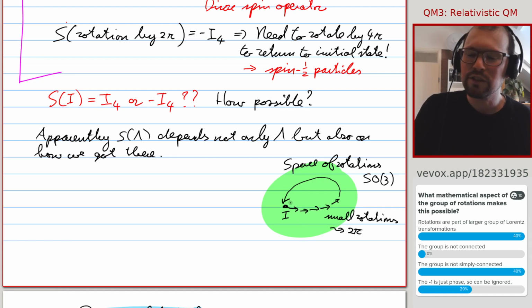Okay. But now we're saying that spinors, if you do this, they do not return to the identity, but to minus the identity. Now you can imagine that this should not depend exactly on what very small rotations I did in order to get back to the identity.